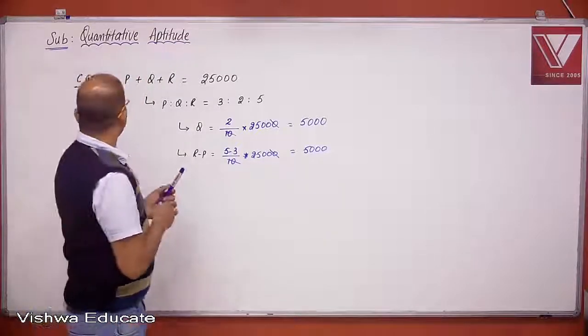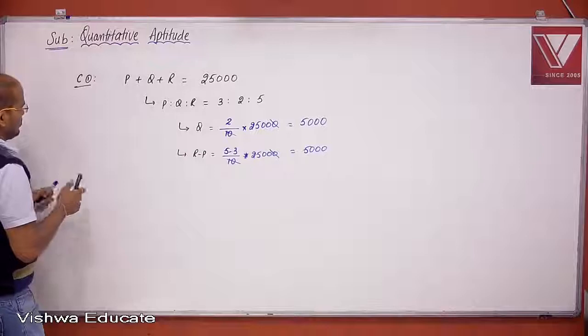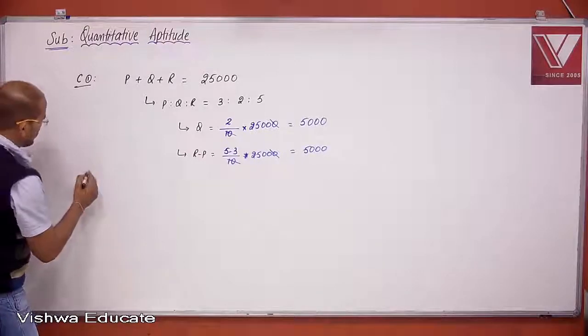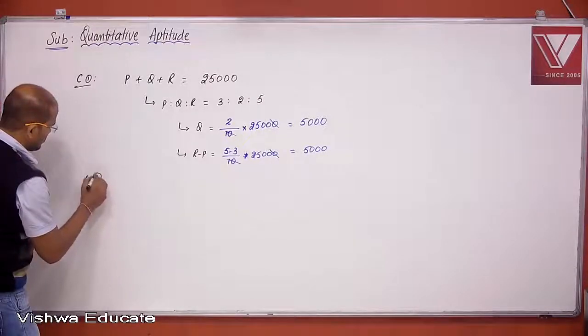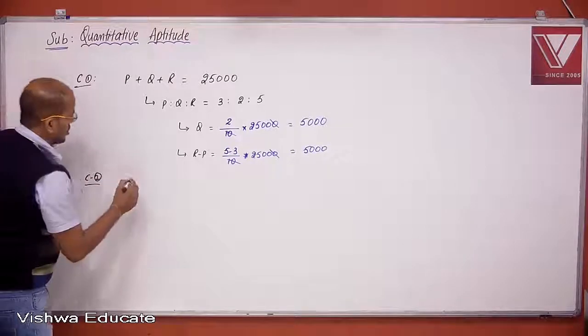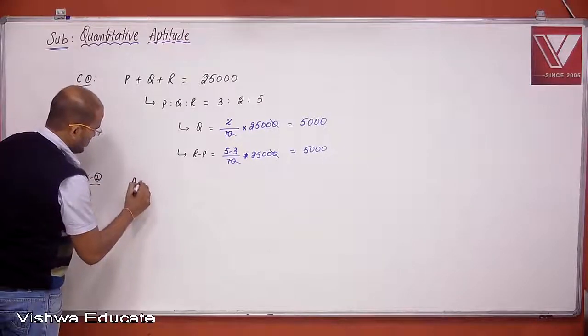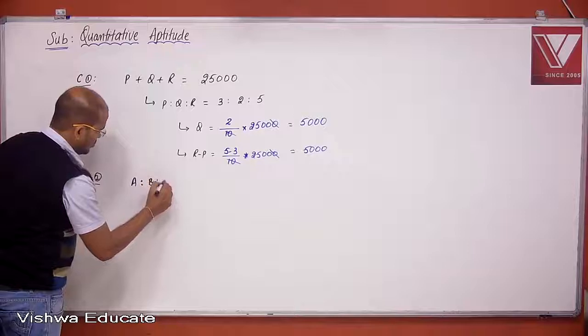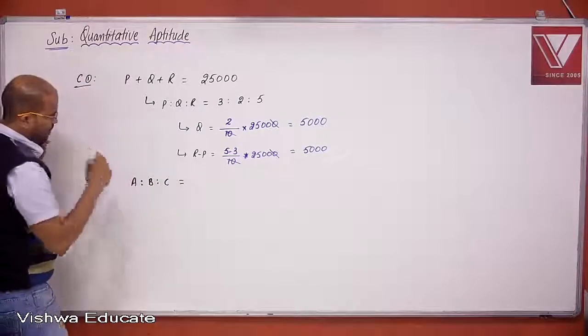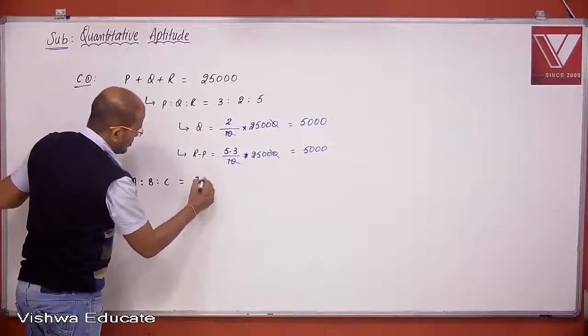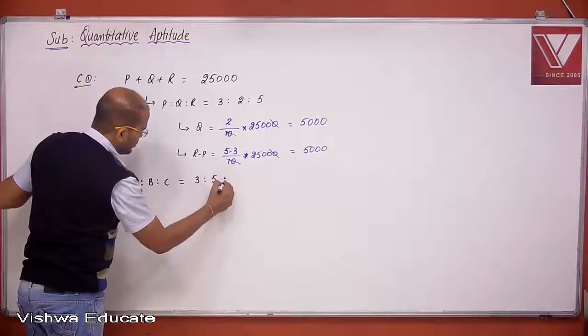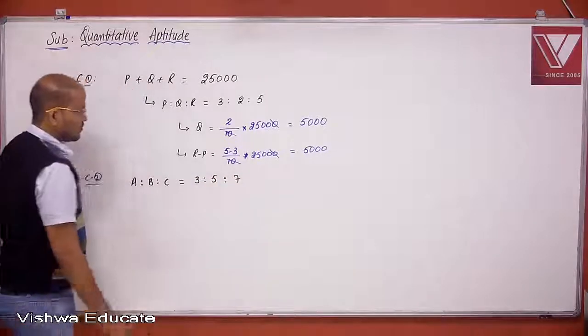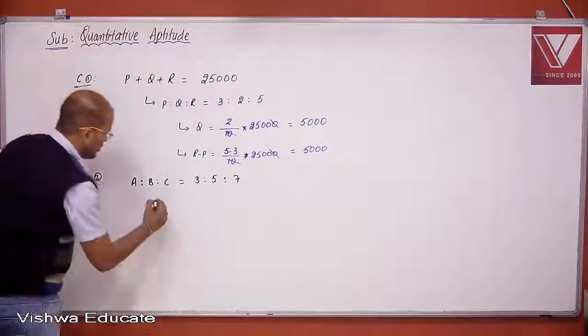And case 2. A is to B is to C is some 3 is to 5 is to 7.